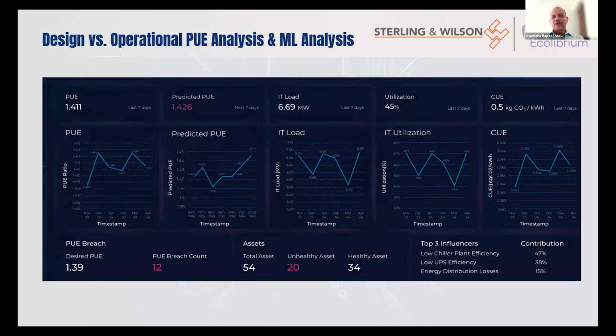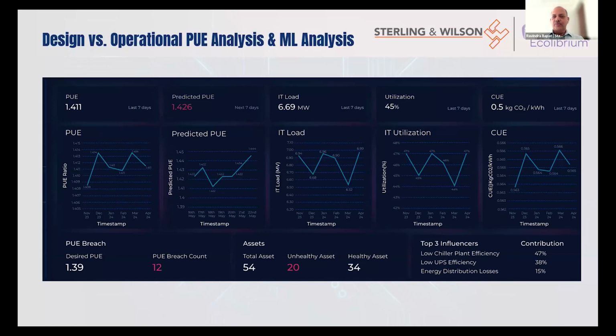Now, this is a prediction in terms of PUE. It is telling you in advance that if things continue like this, probably in the next 2 or 3 days your consumption is going to go up, based on what the AI is able to predict. And it will not only tell you that, as you can see on the right-hand corner, it is also telling you what the influencers are which are affecting this.